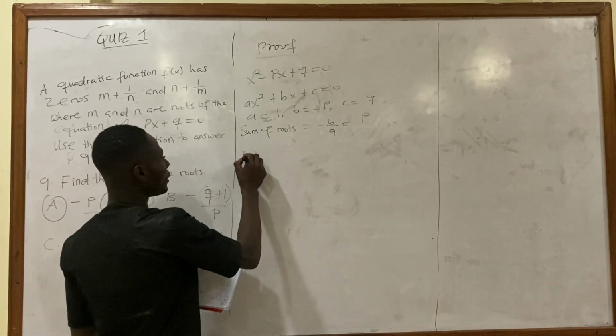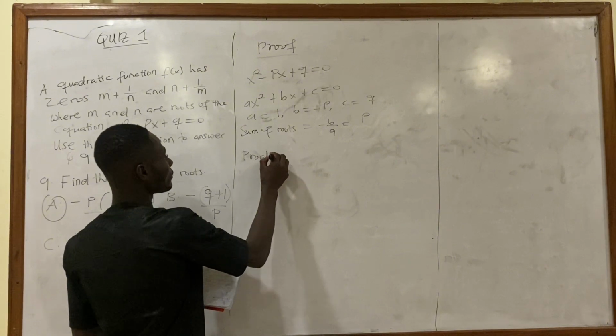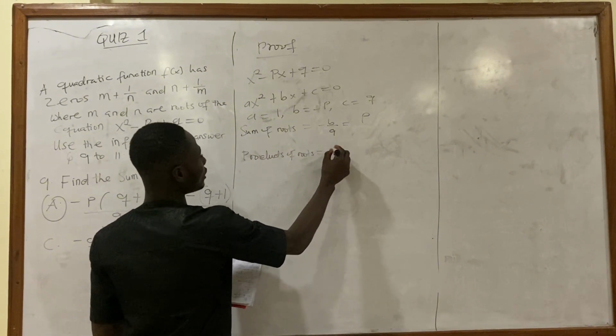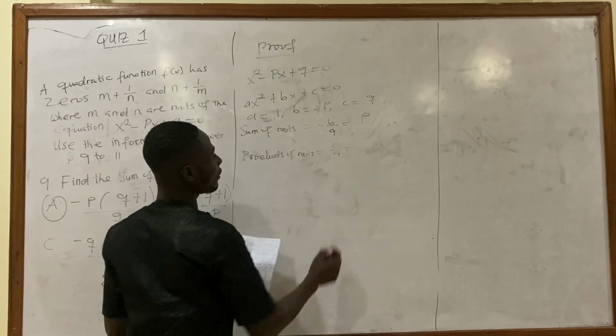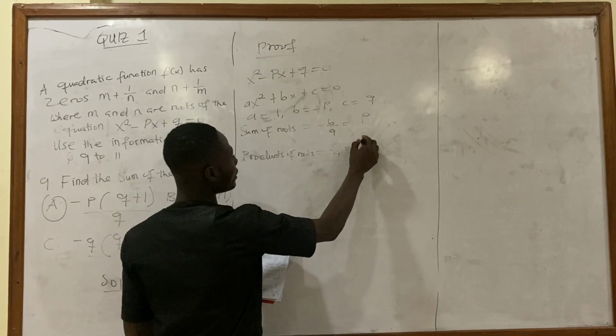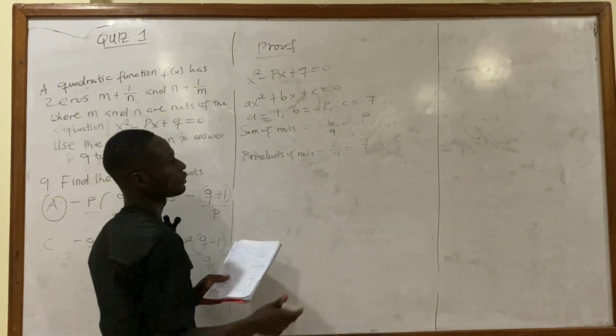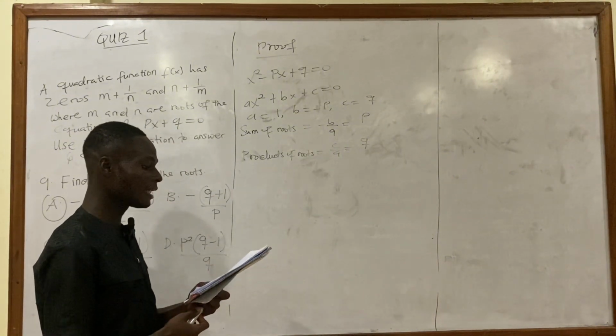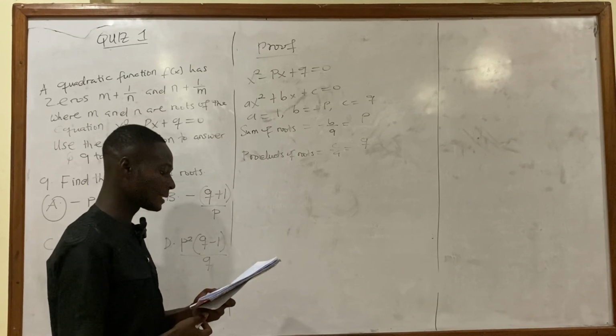And the product of roots is equal to c over a. We know that c is q and a is 1, so it remains q.